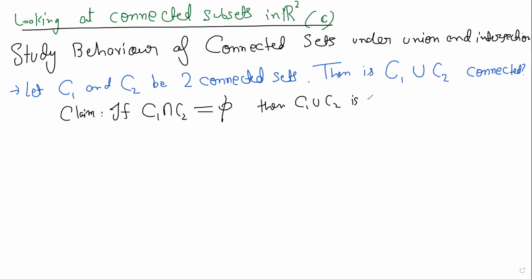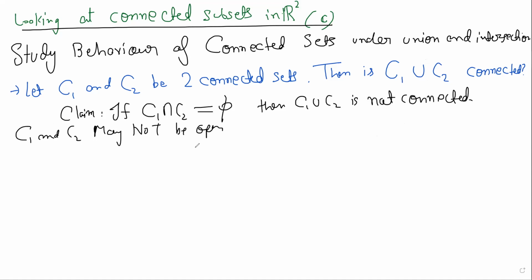Let's think about this. No, C1 may not be open, right? That is the thing. Yeah, think about that. So C1 and C2 may not be open. If they are open, then certainly what you're saying is correct.